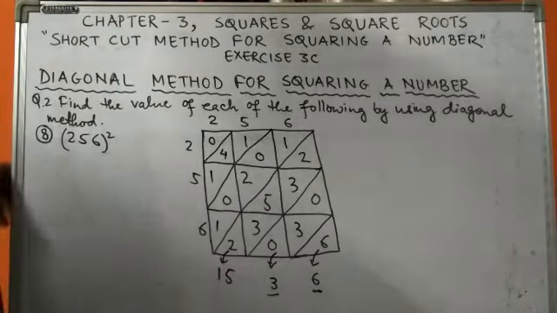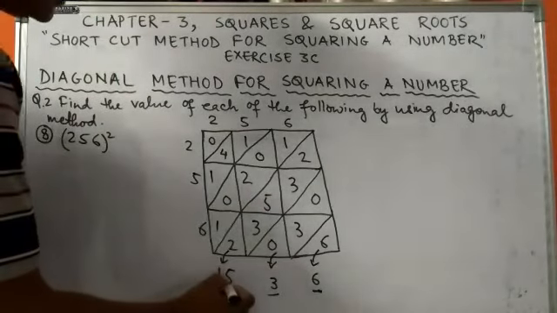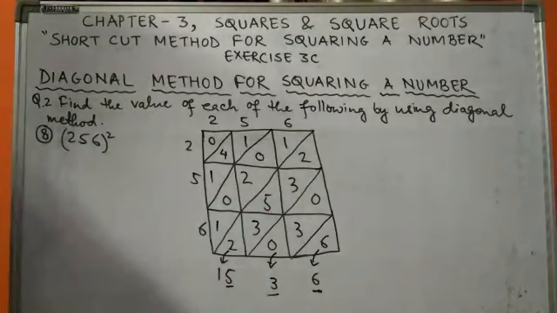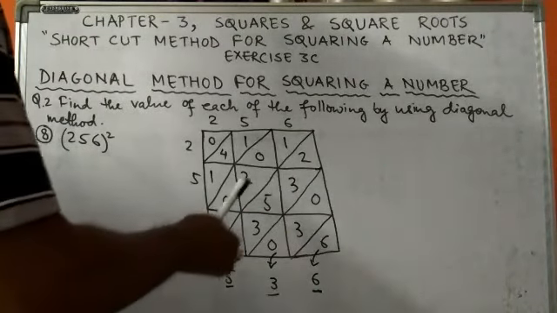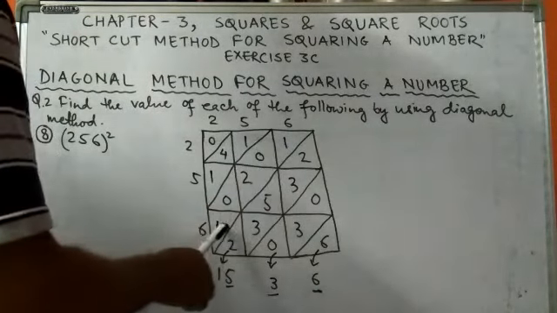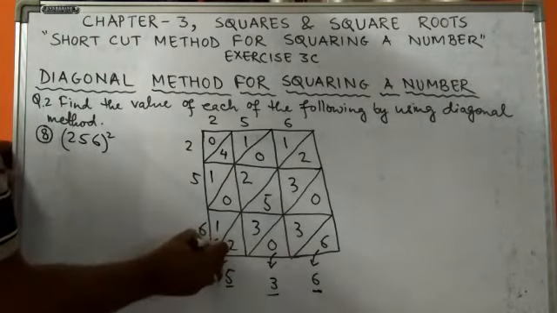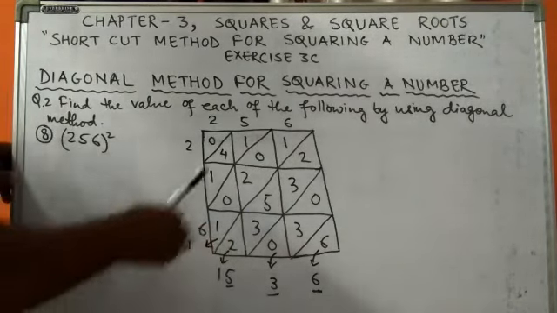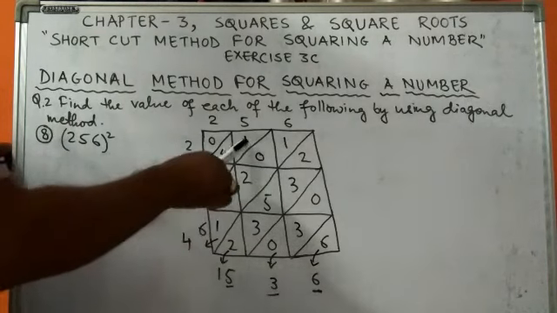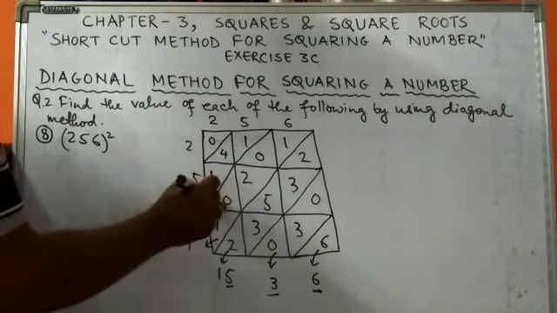Again we have to underline the first number. Then 2 plus 1, 3 plus 1, 4. 4 plus 1, 5 plus 1, 6.